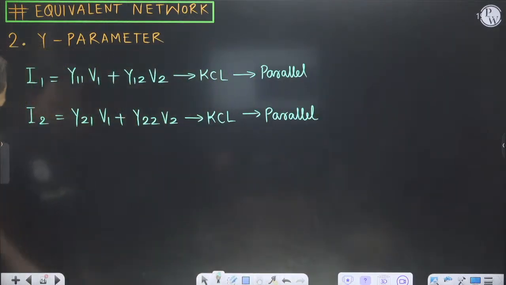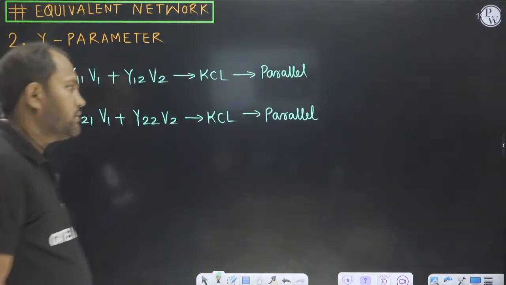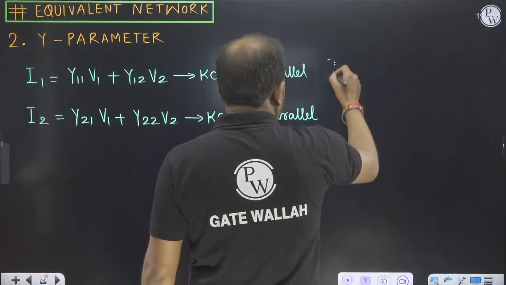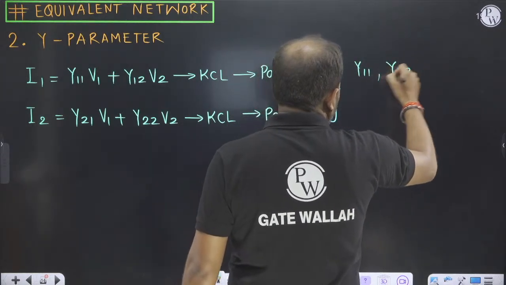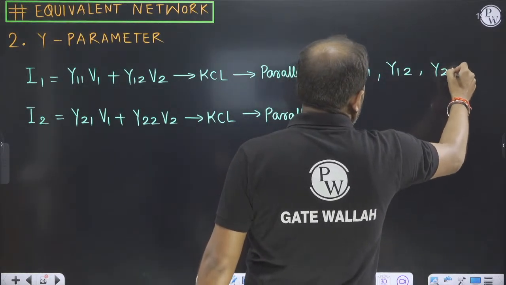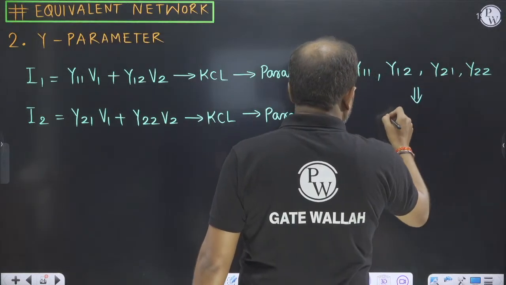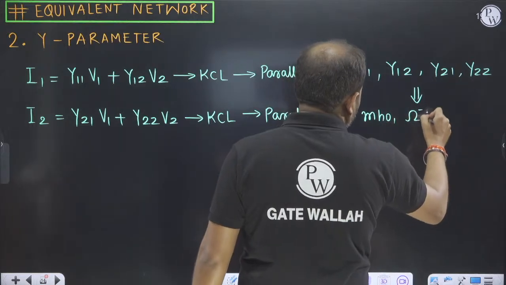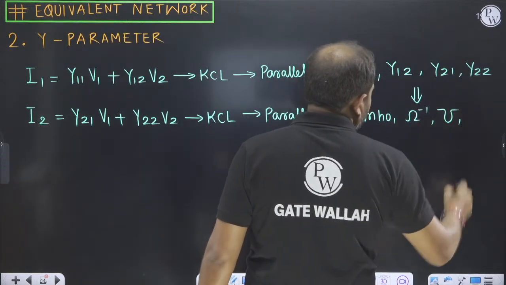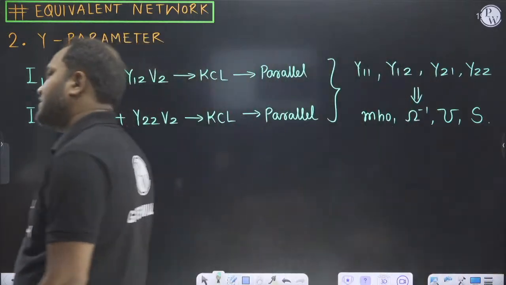So we are going with the parallel condition, and again you will write that Y11, Y12, Y21 and Y22 all have the unit mho, or ohm inverse, or siemens.